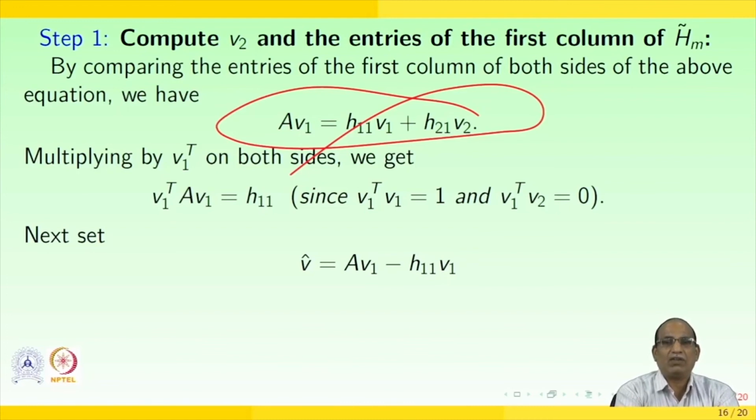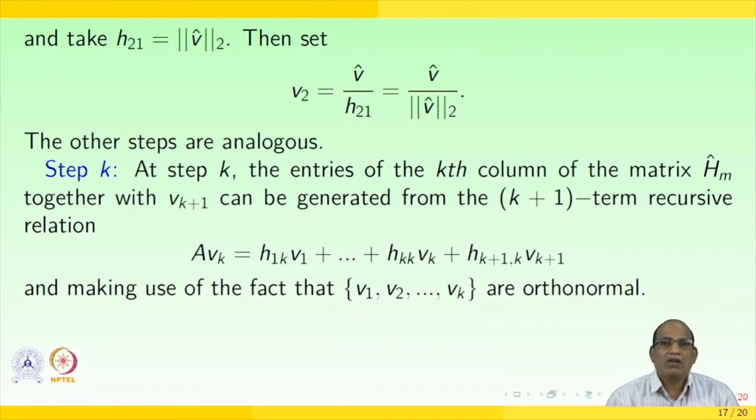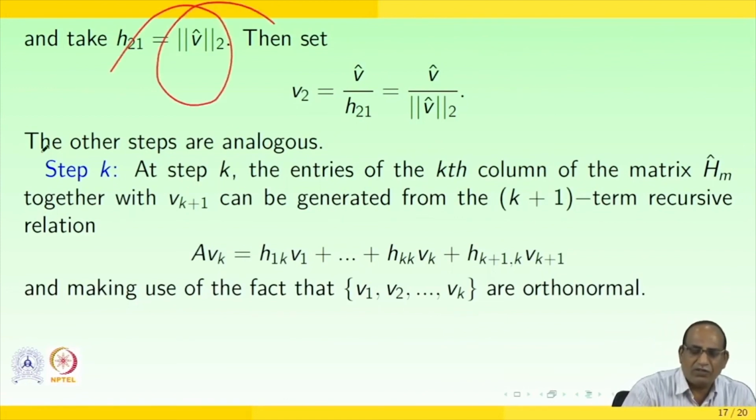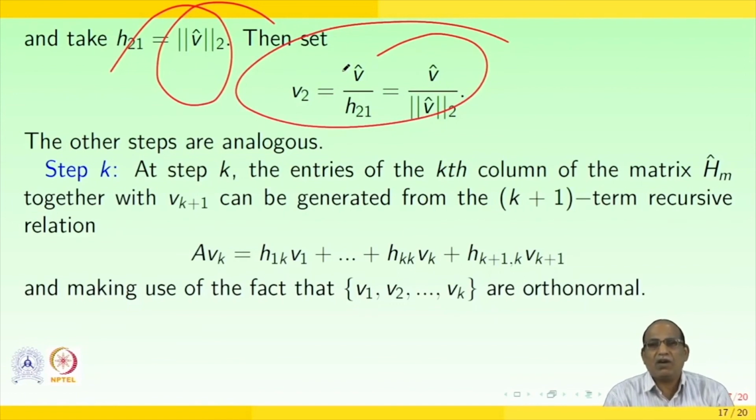Next, we consider v bar equal to A v1 minus h11 v1 and take h21 equal to the norm of v bar. Then we can write v2 equal to v bar divided by h21.